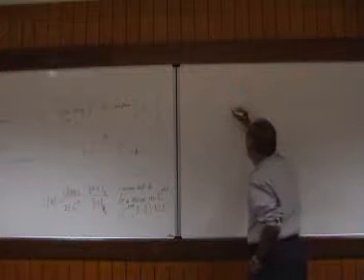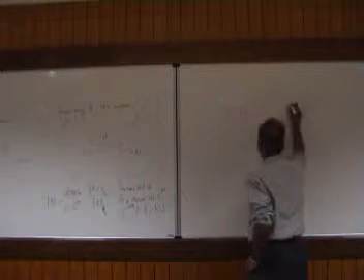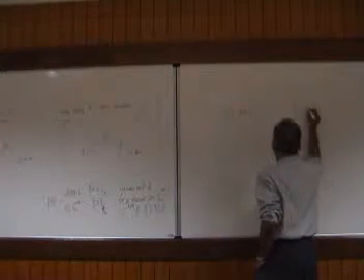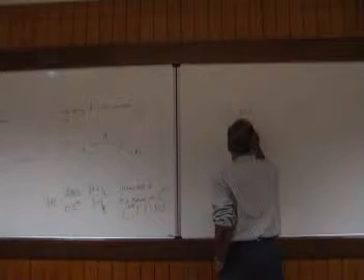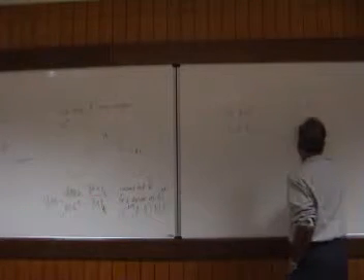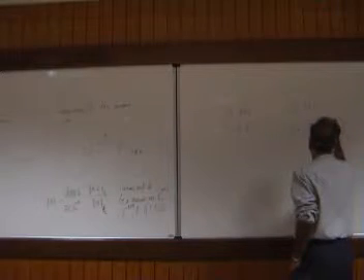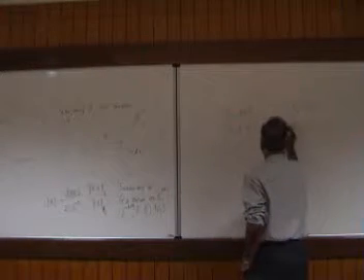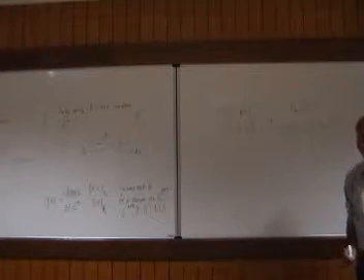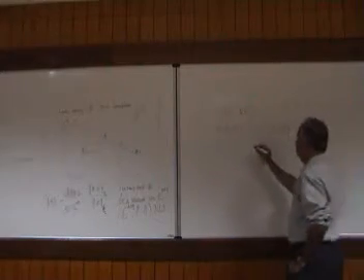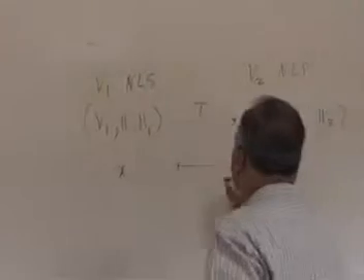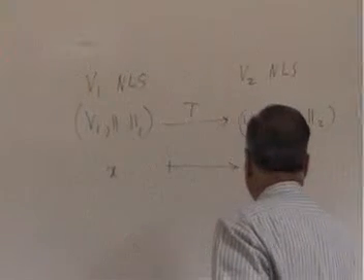So with that option open, if I have one normed linear space and another normed linear space, let us call it V1 with norm 1 and V2 with norm 2, and I have a transformation T, I can take a vector x here and look at its image Tx, and then look at its length.